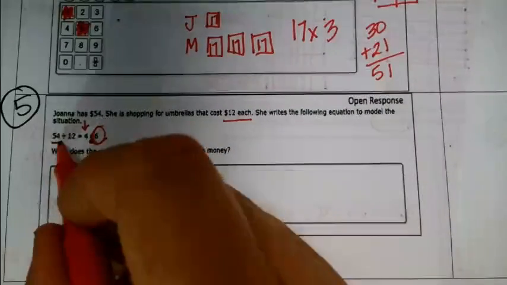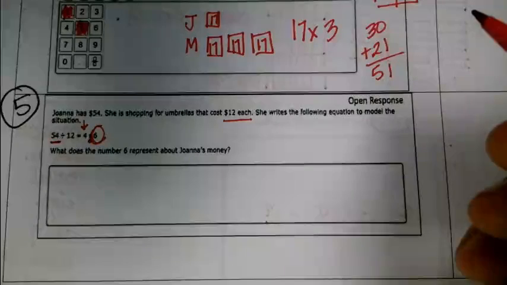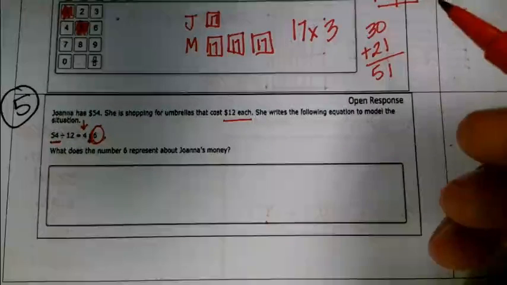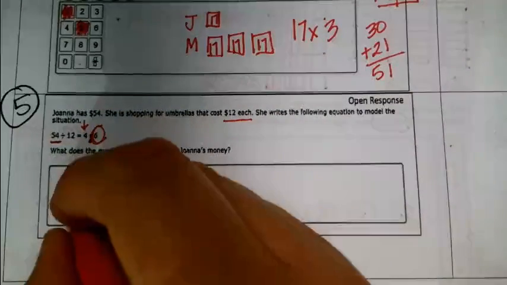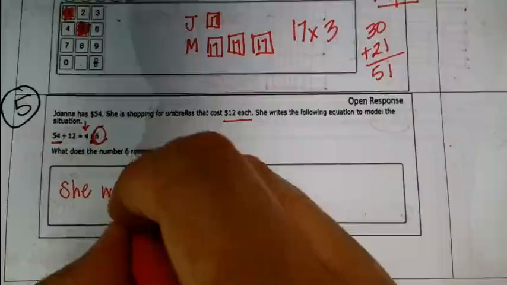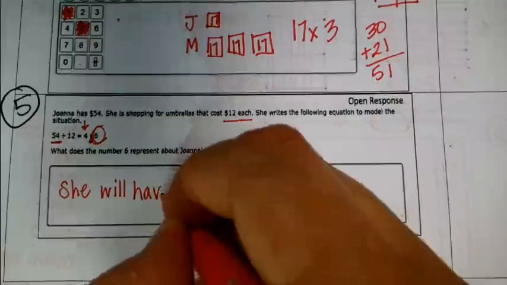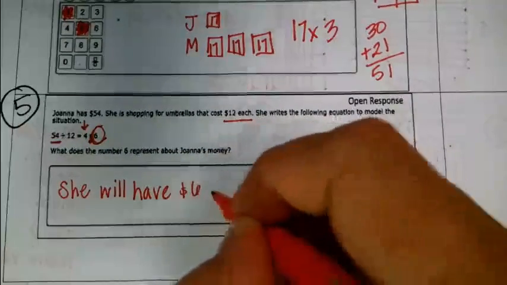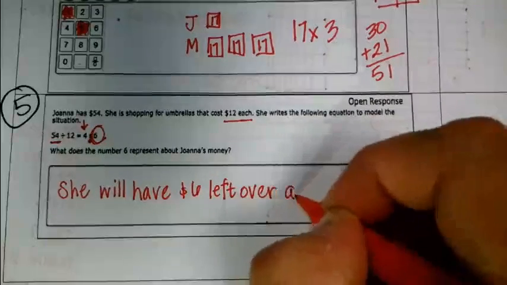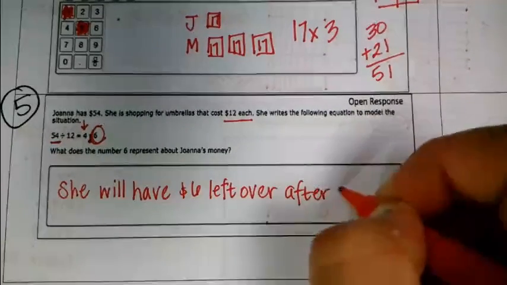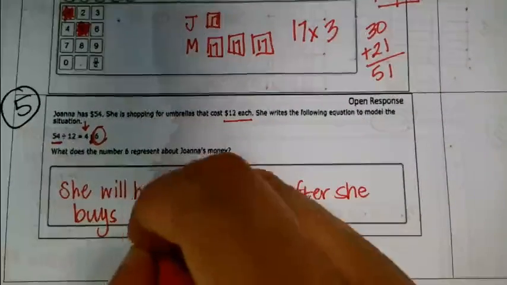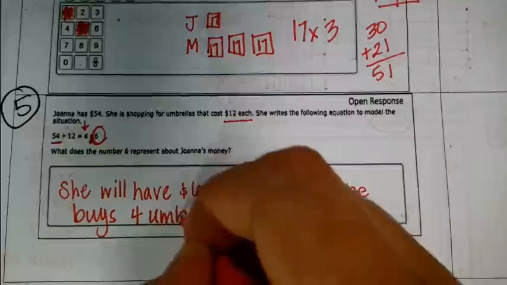Because the original amount we divided was 54, and that represented her money. So, it means she will have $6 left over after she buys 4 umbrellas.